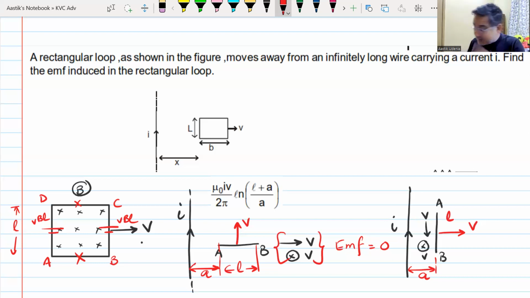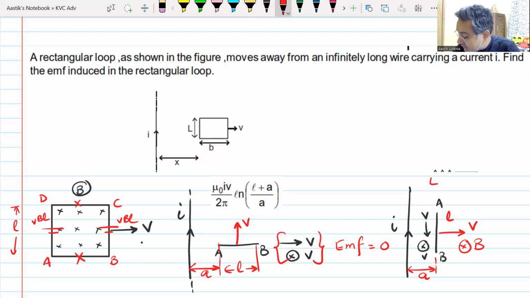So what will be the induced EMF across these two ends? You can see the magnetic field is going inside, yes or no? Yes, sir. V cross B. So which point will become higher potential? Point A will become higher potential, yes or no? Yes, sir. Point B will become lower potential.